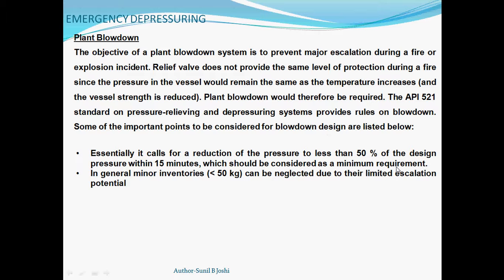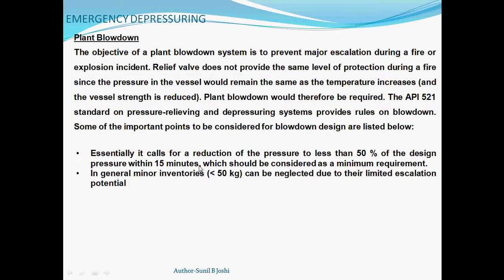An operator has pressed a button for ESD of the system. So what will happen is, if there is a 100 bar design pressure equipment, the blowdown valve of that particular equipment will open. What is expected out of that blowdown valve is it should depressurize the equipment's pressure from 100 bar to 50 bar within a 15 minutes time frame at least.